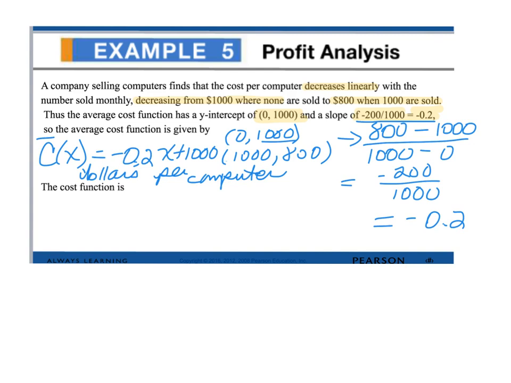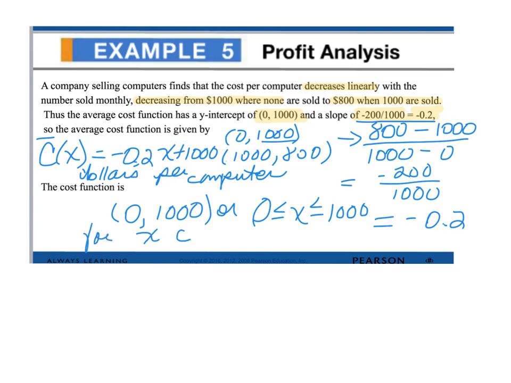And that means then that your cost function is only defined on the interval from 0 to 1,000. And this is for x computers sold monthly.